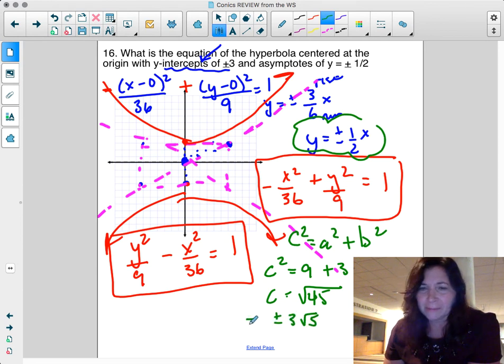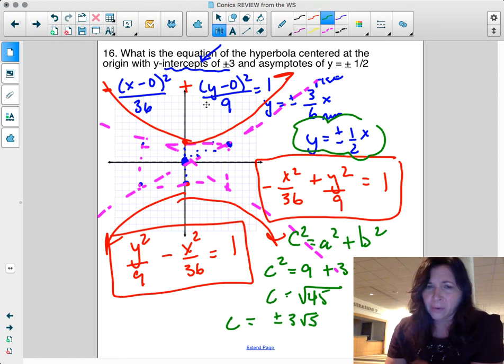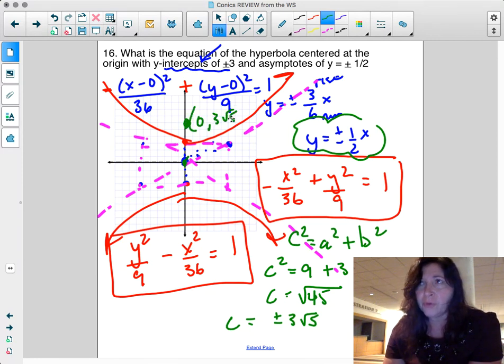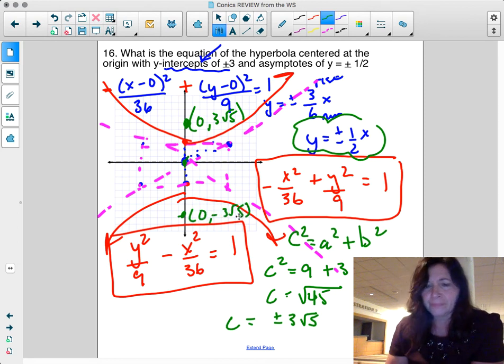And so therefore, because my graph is on the positive y, I would add those values to my center, which is at 0, 0 at the origin. So my points would just be 0, 3 root 5, and 0, negative 3 root 5.